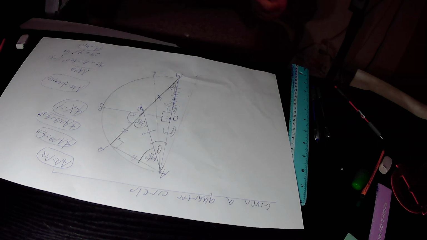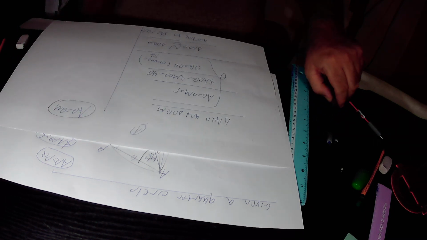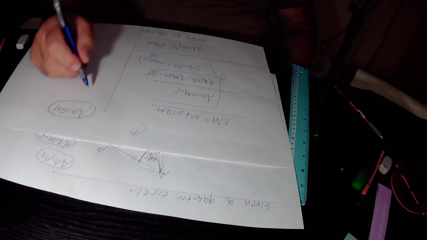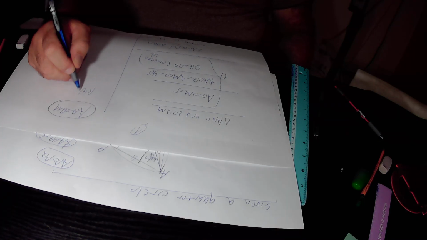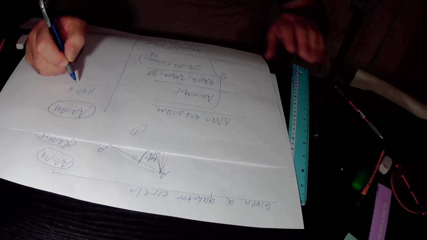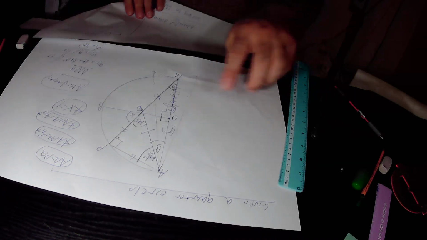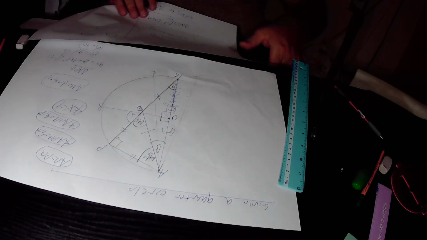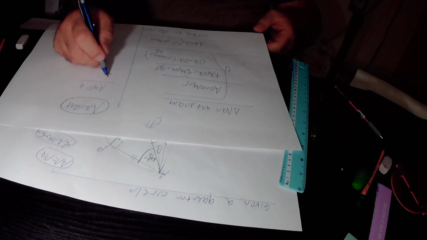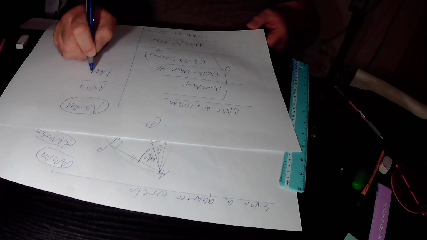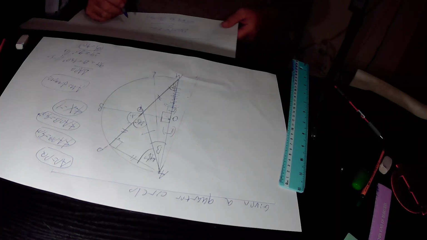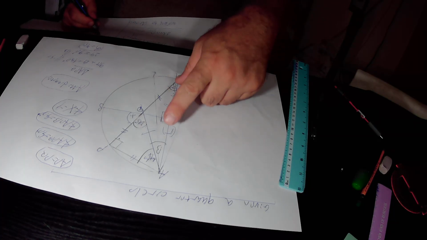So write it down. We found out that according to rule 8, the size of the angle AQP is equal to the sum of the two angles that are not adjacent to it.